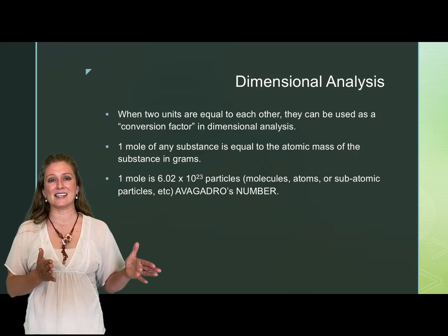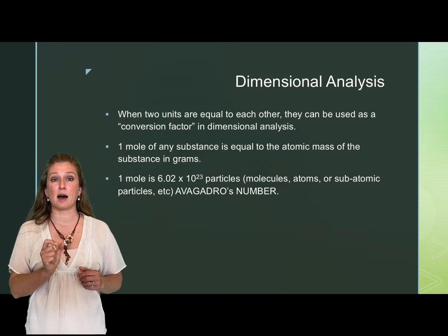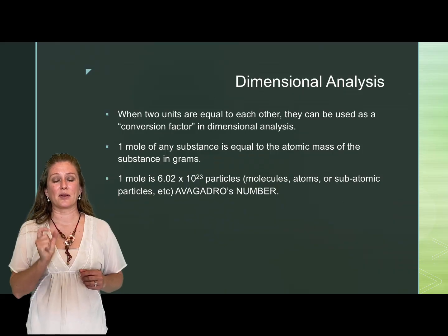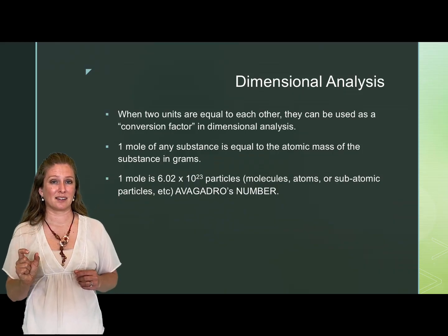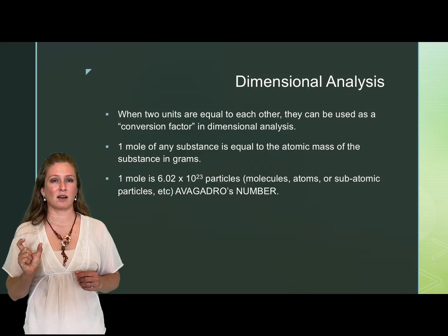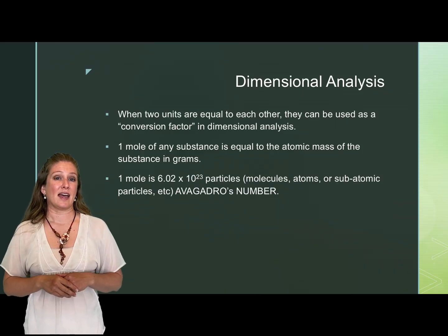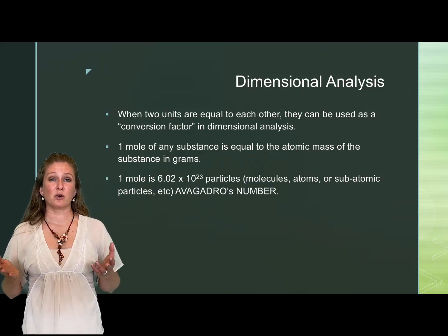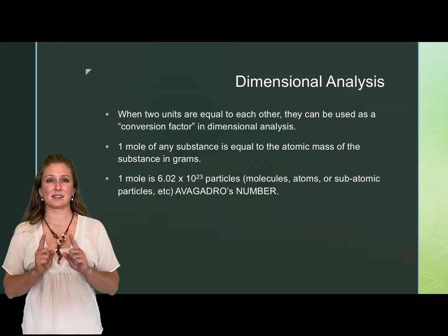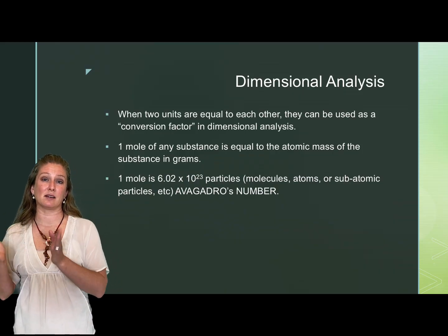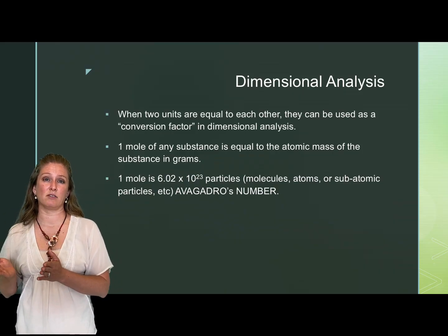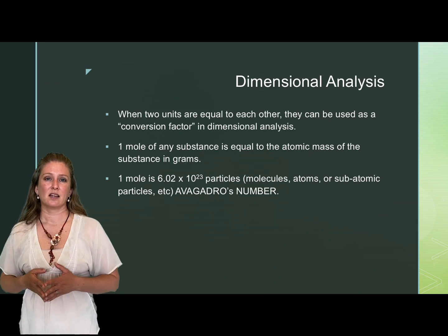That mass is the measured mass in atomic mass units for one atom of that substance. But that mass in grams is the mass of 1 mole of that substance. And if we need to do that for a molecule, we just add up all of the masses of the individual atoms, and that becomes the molar mass of the molecule.